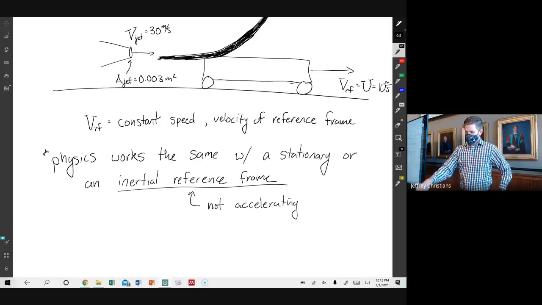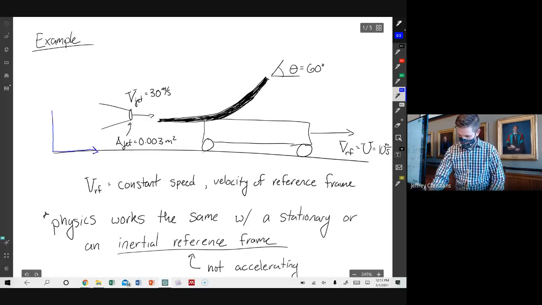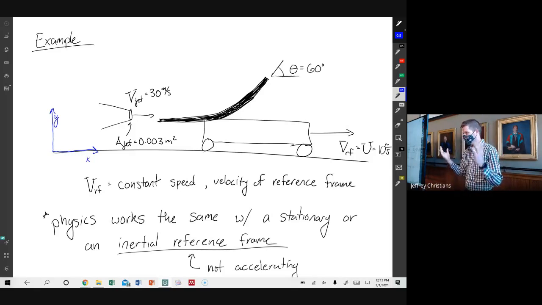So where do we put our axes? If we say that this is X and this is Y, we could put axes on the Earth and use that as our reference frame, which is fine. Or we could say that's a silly place to put them because then we have this cart that's moving.